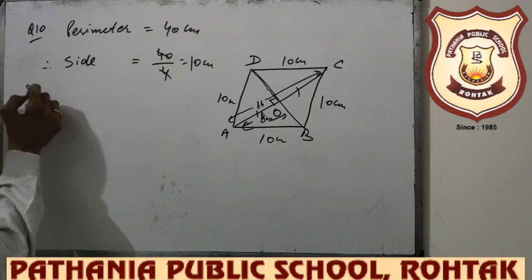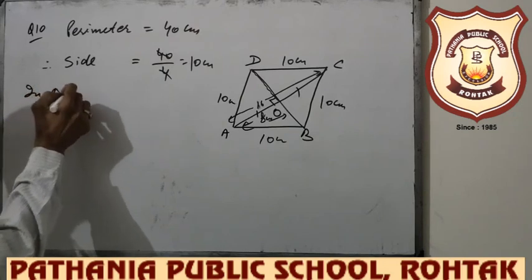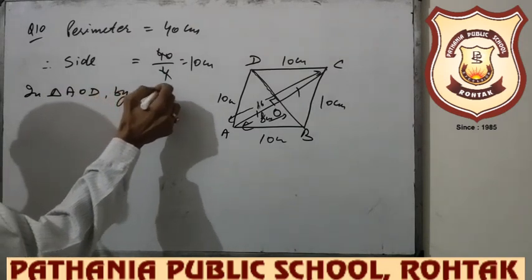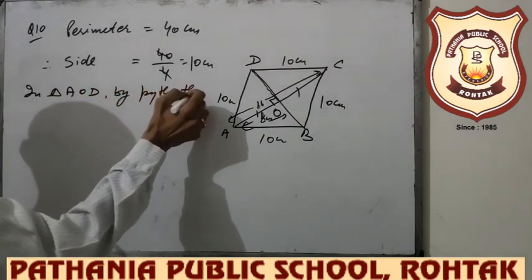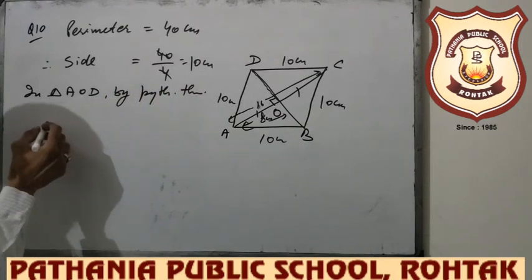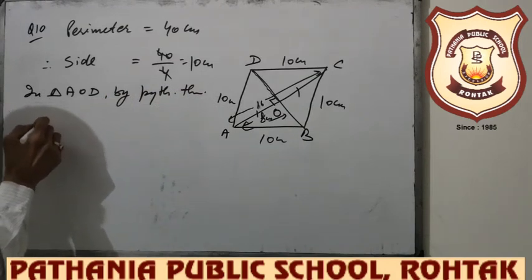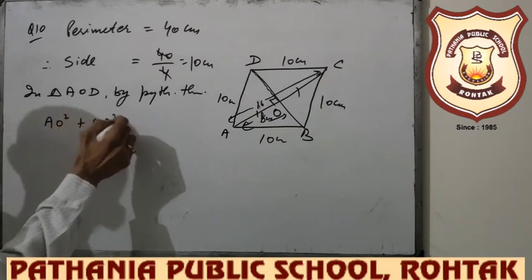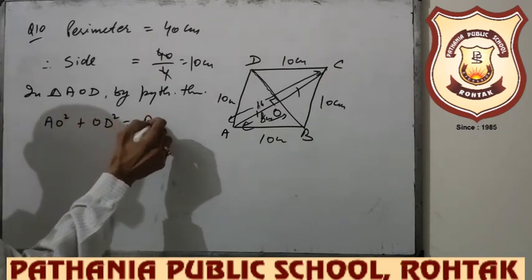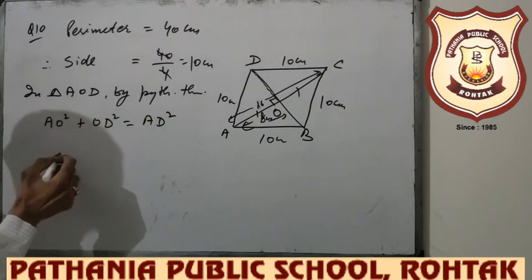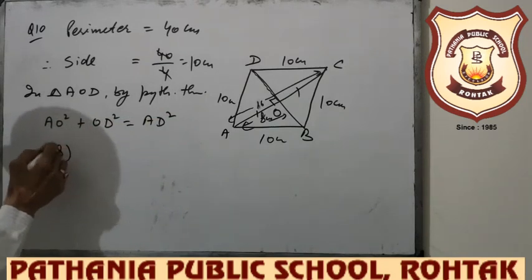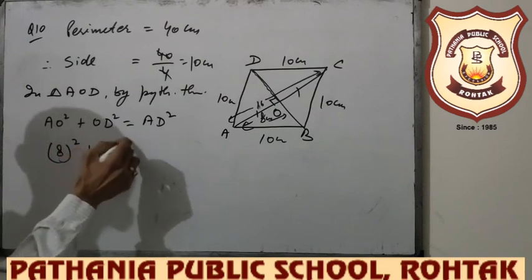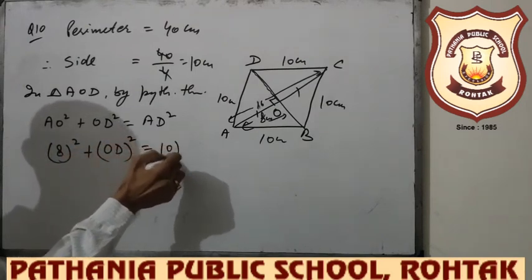So in triangle, I am taking AOD. In triangle AOD, by Pythagoras theorem, AO square plus OD square is equal to AD square. AO is 8, OD we want to calculate, and AD is 10 square.